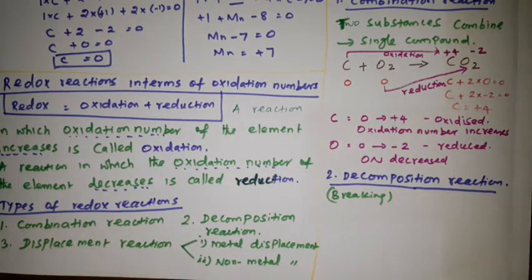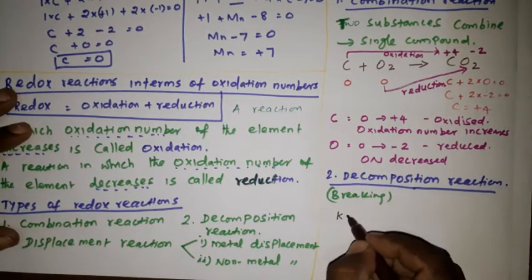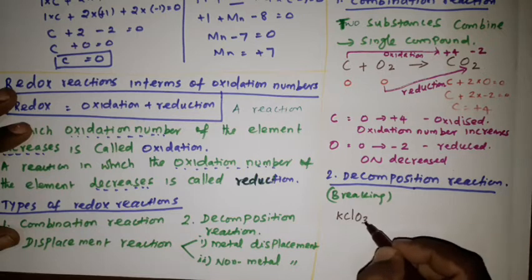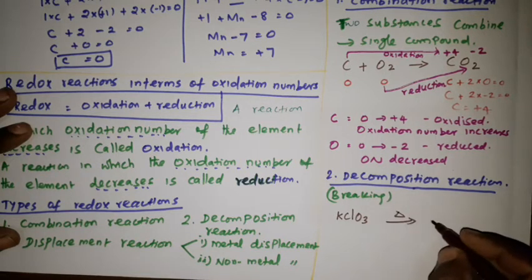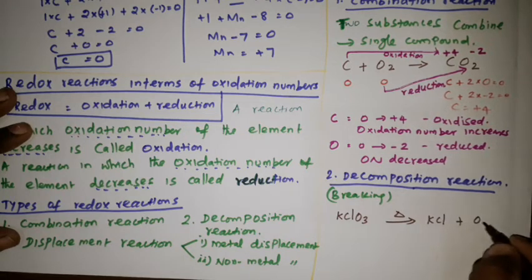Example is potassium chlorate, KClO3. It is decomposed by heating into potassium chloride plus oxygen.